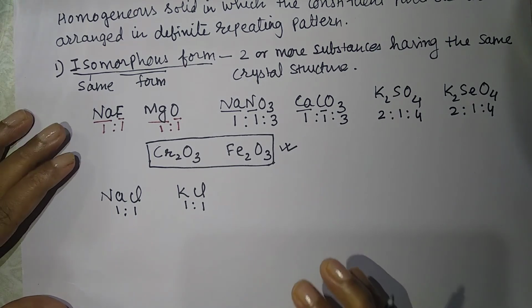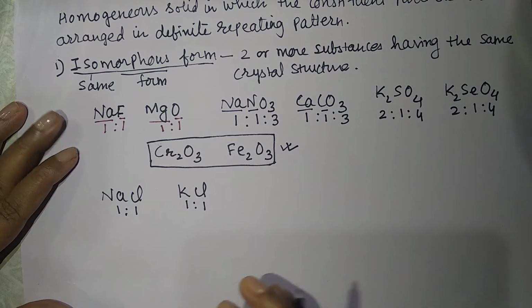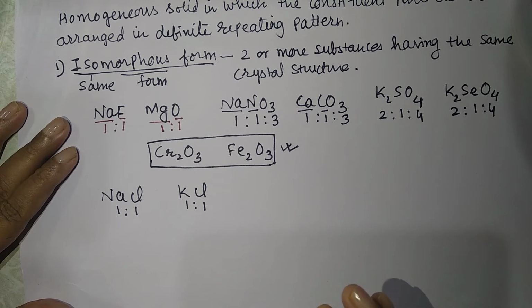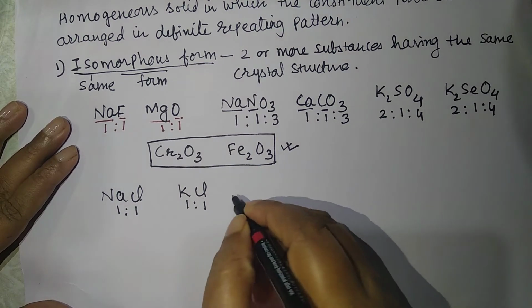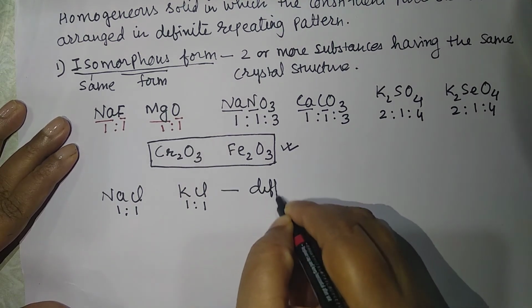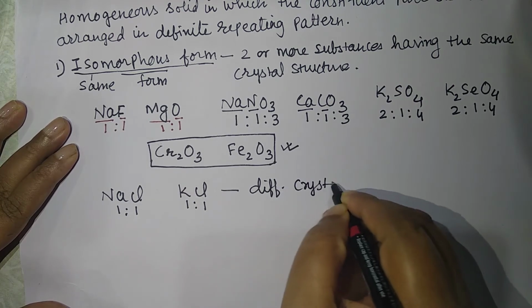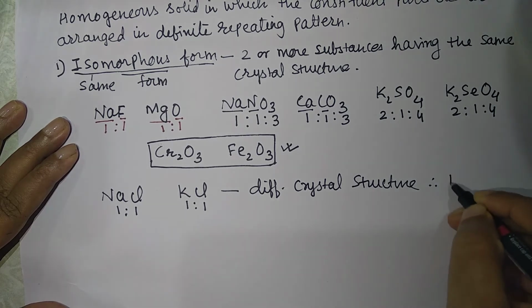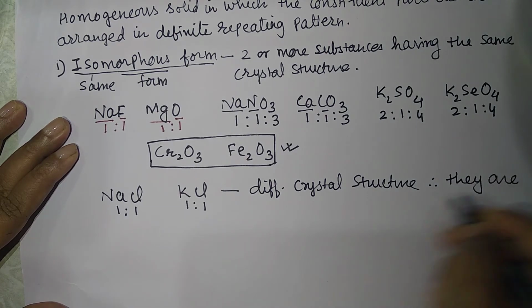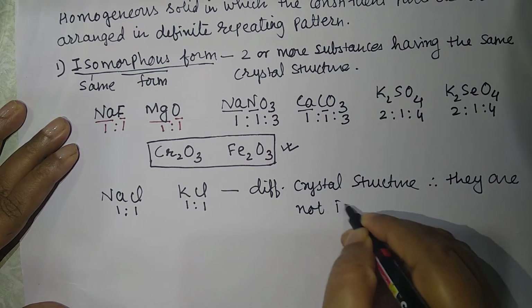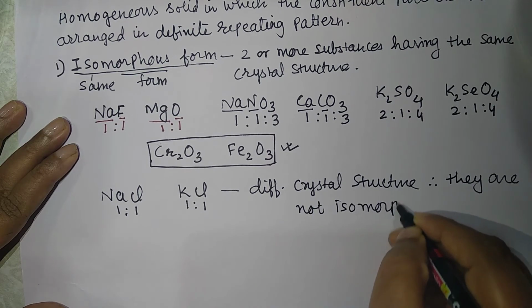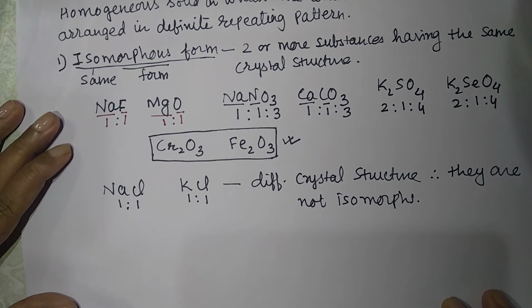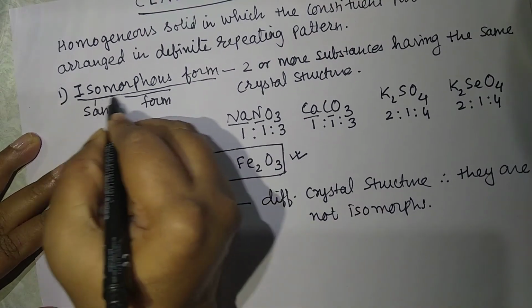Although according to atomic ratios they are the same, they are not isomorphs because they have different crystal structures. Right, students? This is the first form, the isomorphous form.